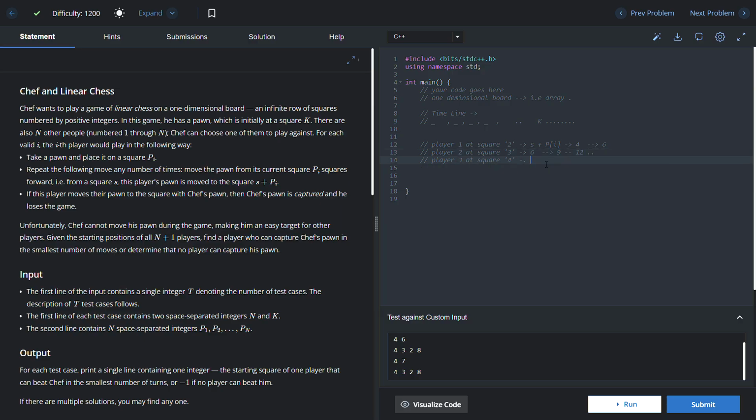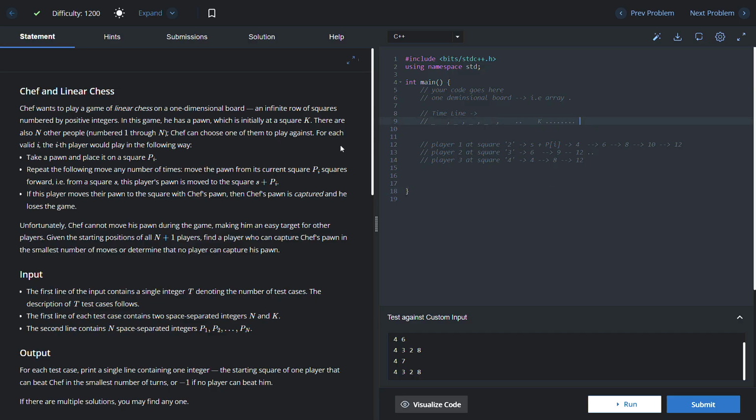Similarly for player 3, it will be like a table of 4: 4, the next move will be 8, the next move will be 12. Okay, 8, 10, 12.